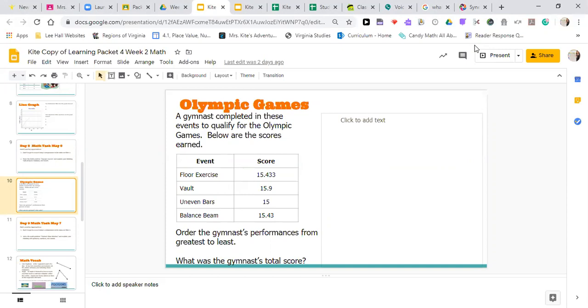So I'm going to switch this over to my smartboard. Now I have set up a place value chart here, and the reason why is because we are working with decimal numbers.